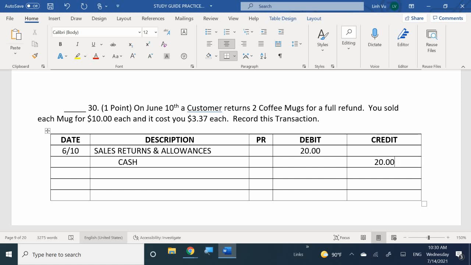But then, if they're returning it back to us, what do we need to do? Put it back into inventory. So in this case, coffee mugs. And what's going to be my credit account?